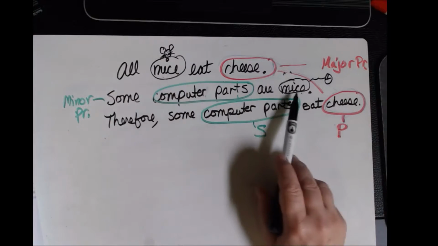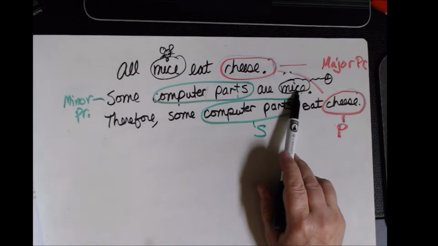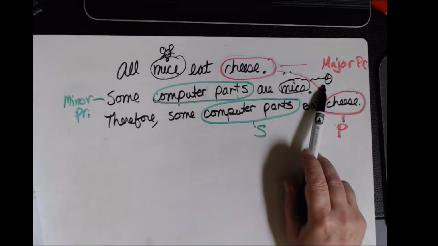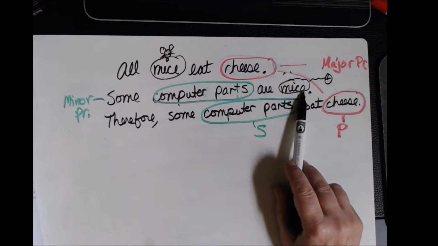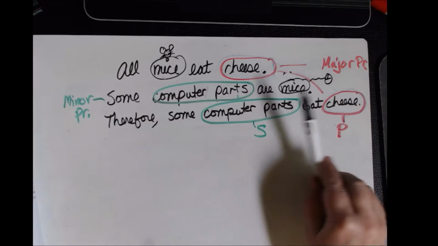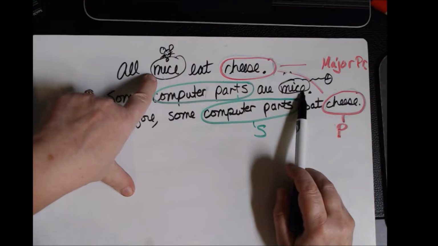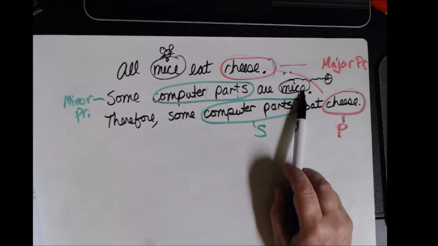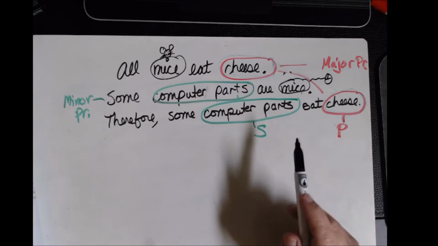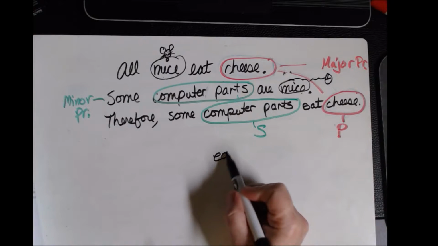We have words that are spelled the same, pronounced the same, but they do not mean the same thing. Here it's an animal, here it's a computer part. So am I violating Rule 1? I actually am, because I have 4 terms here. I have my major, my minor, and I actually have 2 other terms here. So this violates Rule 1, and it is called the fallacy of equivocation.